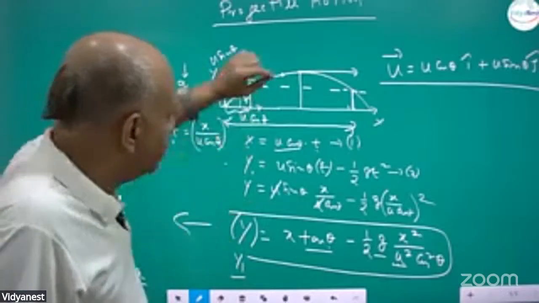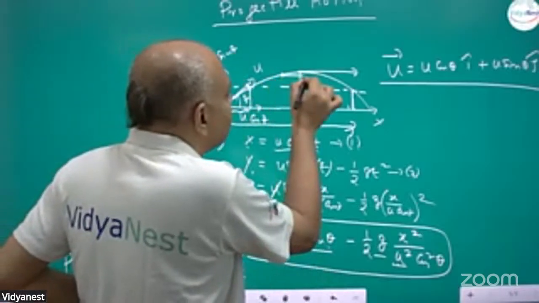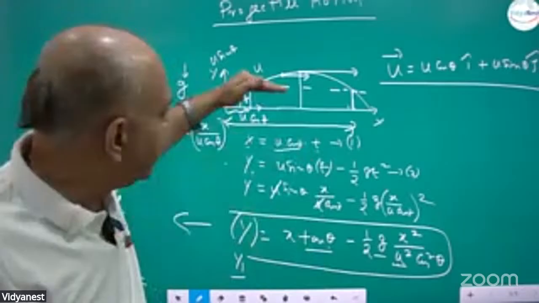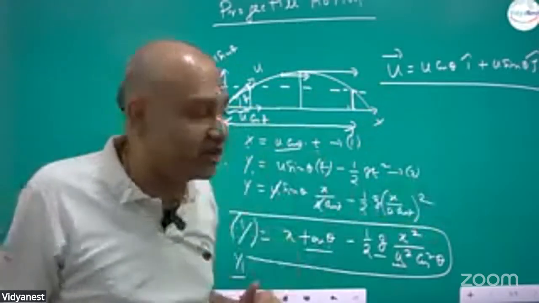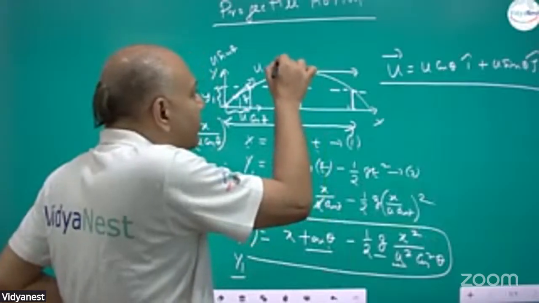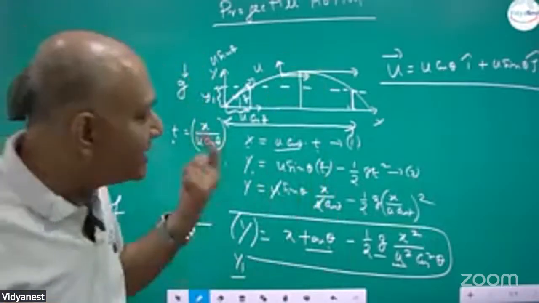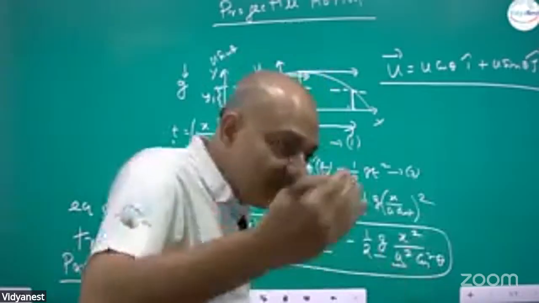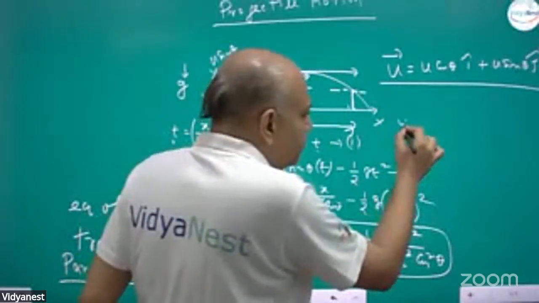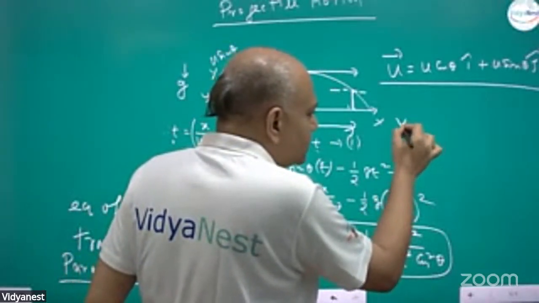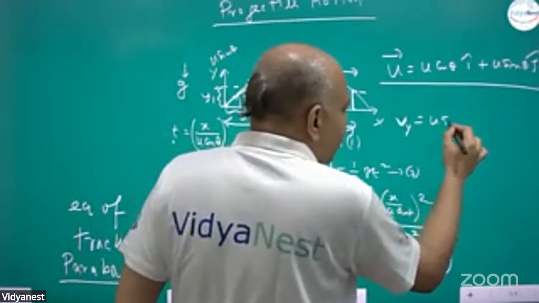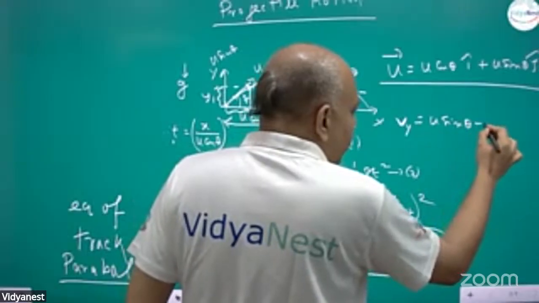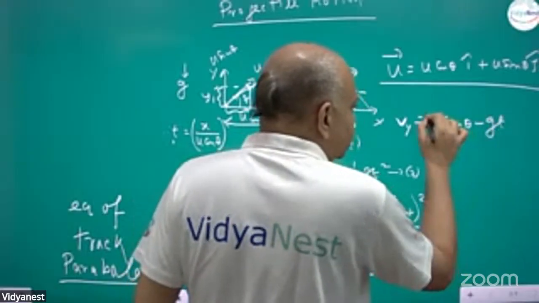Because u cos theta, this component, is not going to change. The horizontal component will not change, because in the horizontal direction there is no acceleration, no retardation, but the vertical component is going to change. What is the vertical component? After t time, vy, the velocity along the y-axis, I can write as u sin theta minus gt, isn't it?